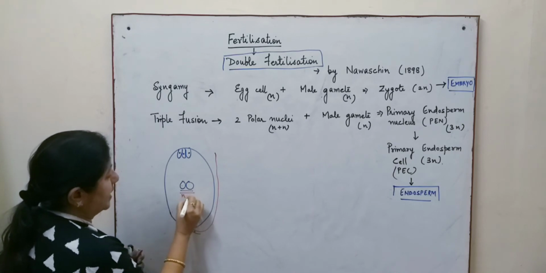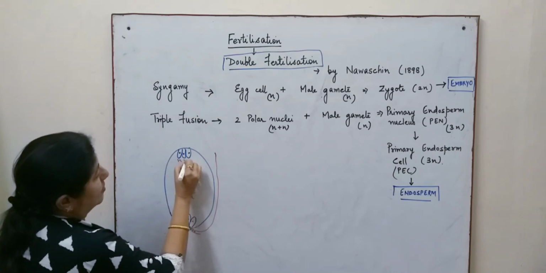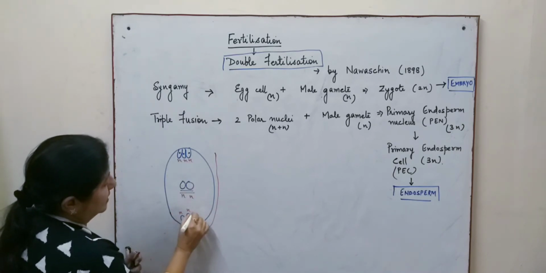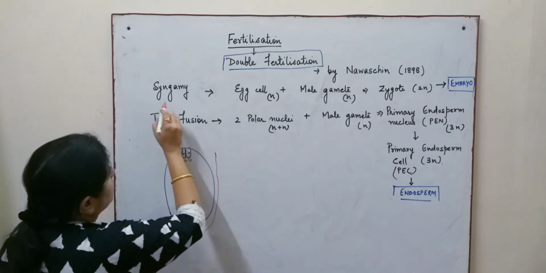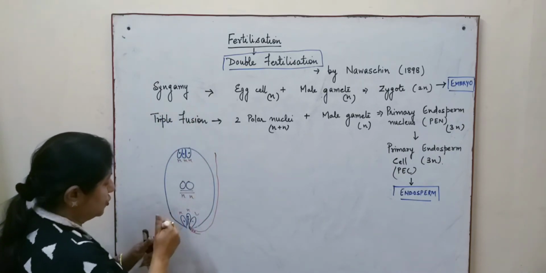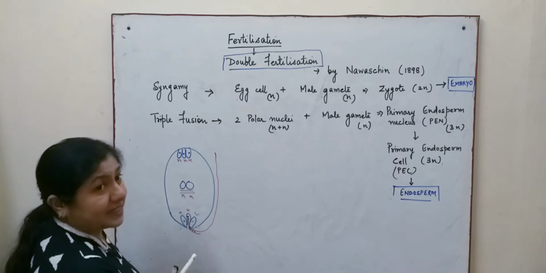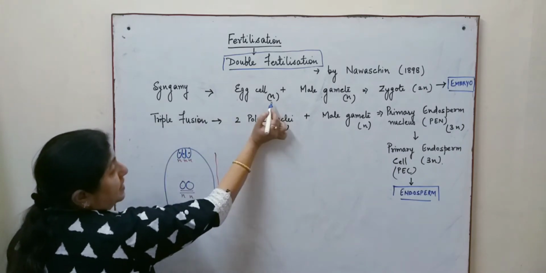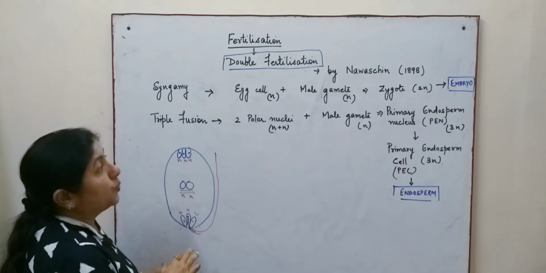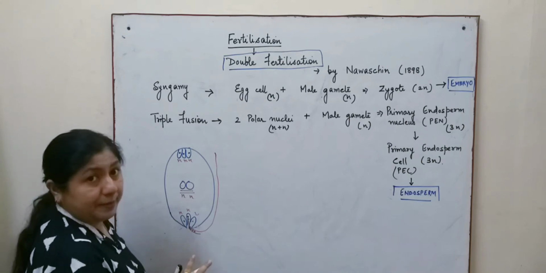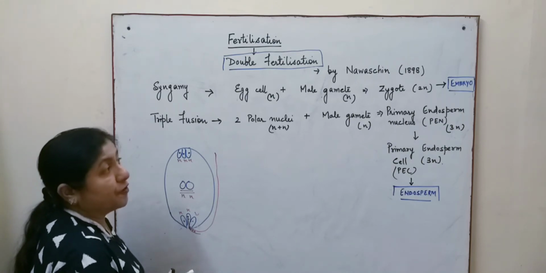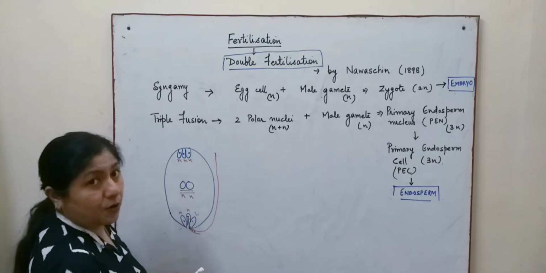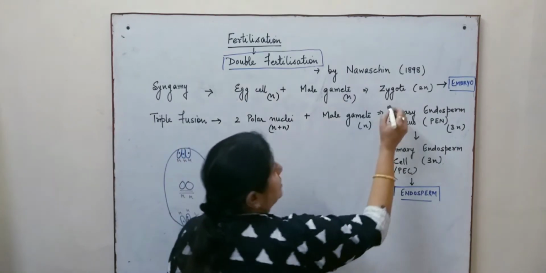This is N, these are all N: synergids, egg cell and all. So here, the fusion between the egg cell, a haploid structure, with one of the male gametes results in the formation of the zygote, which is a diploid structure.